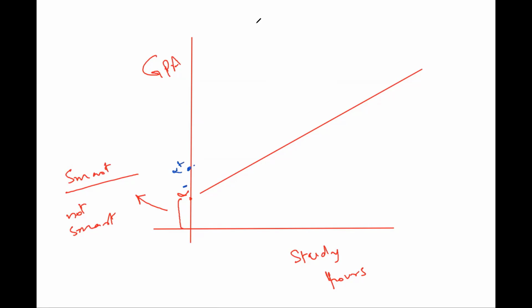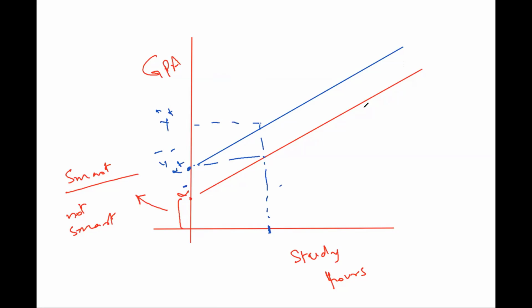So within the sample, we know that the study hours will increase GPA, but let's interpret. For any particular study hours value, smart students tend to have higher GPA. So this is the y hat value for y hat minus and y hat plus.